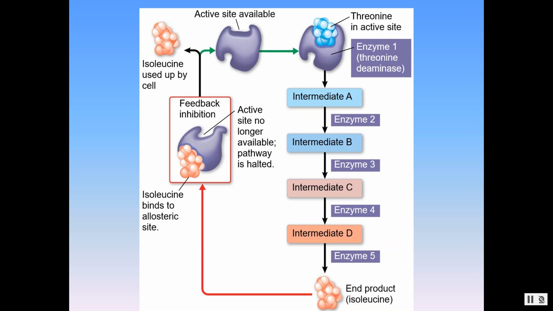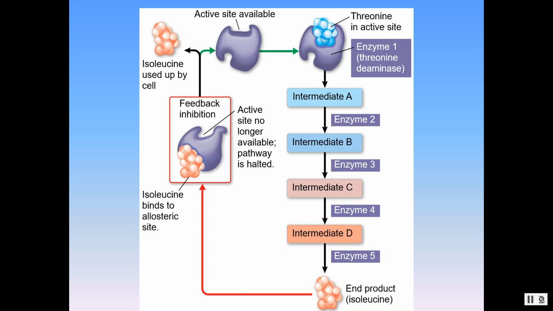What you'll notice if you follow the red arrow is that isoleucine is going to actually bind with the enzyme and turn it off. This is a negative feedback reaction, right? Negative feedback reaction means that the product of a reaction actually slows down or stops the reaction. And when isoleucine is used up by the cell, the enzyme is turned back on again and makes more isoleucine.